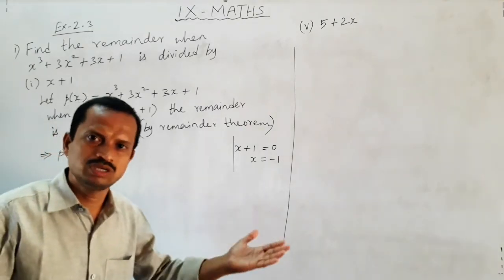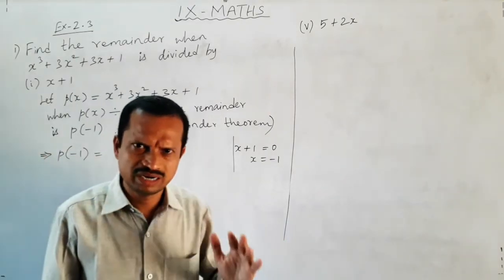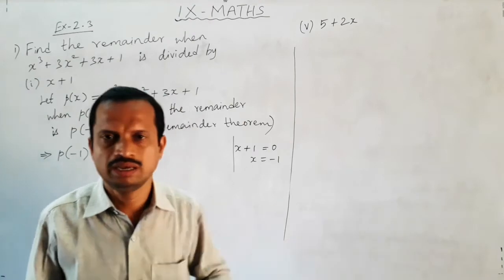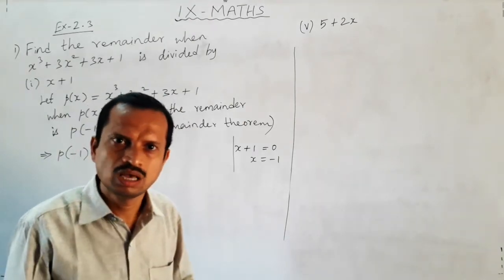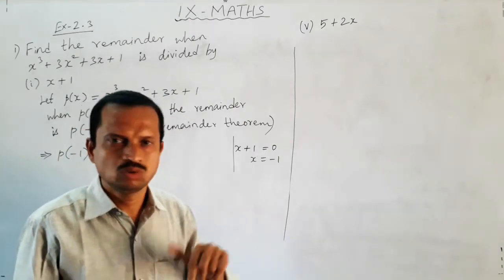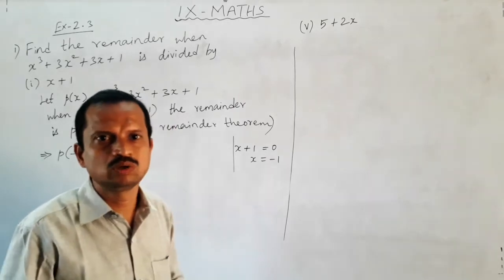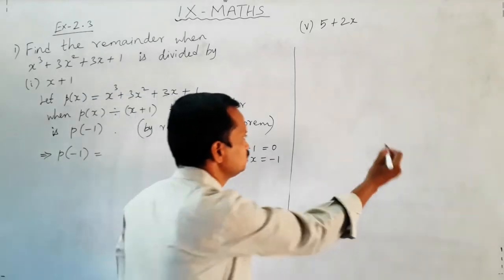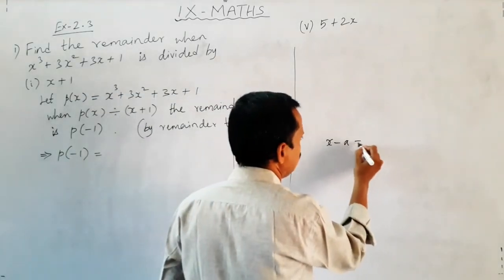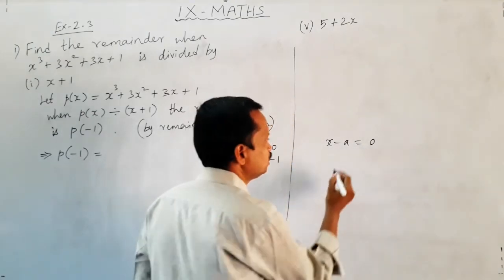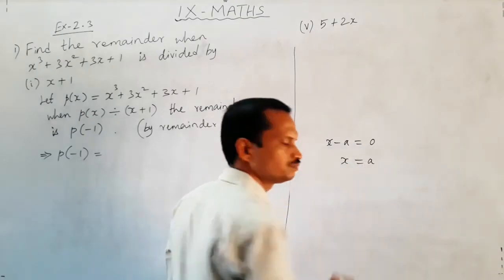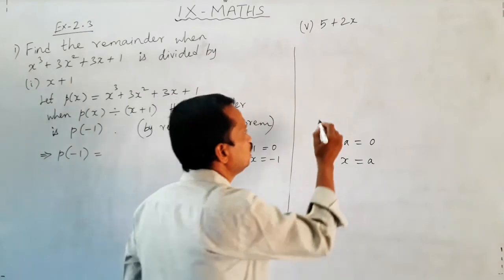What the remainder theorem says: when p of x is divided by x minus a, then the remainder is p of a. So x minus a we have to equate to 0, then we get x equal to a. Clear?